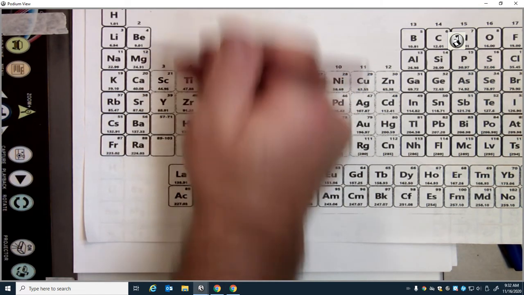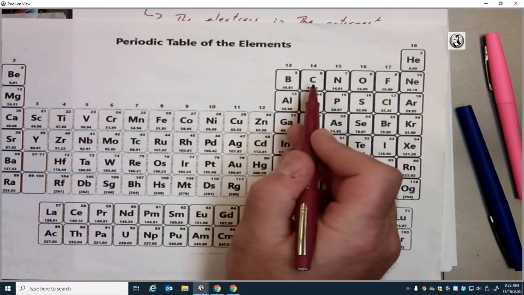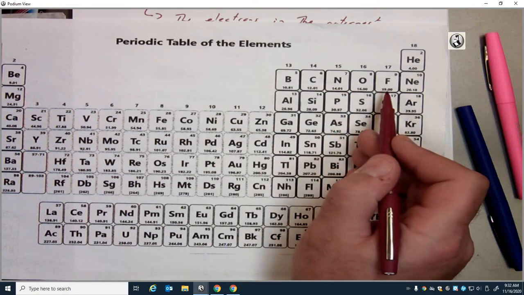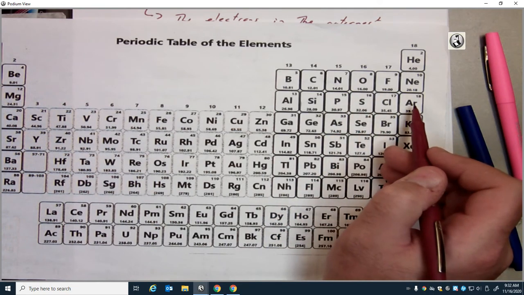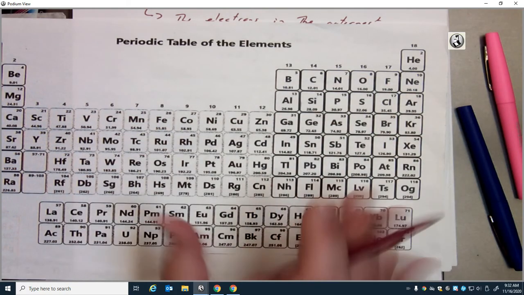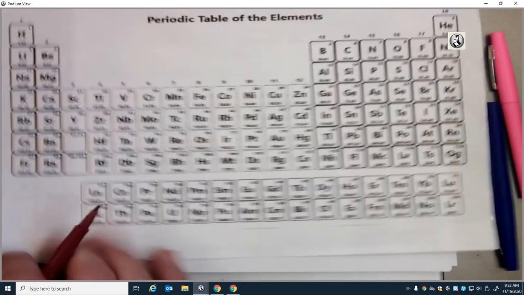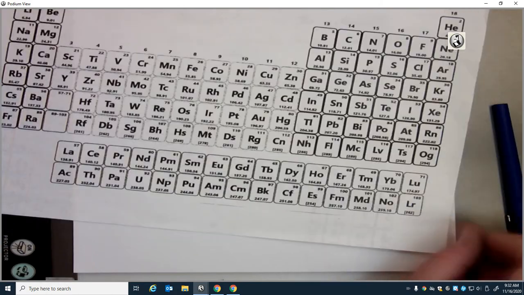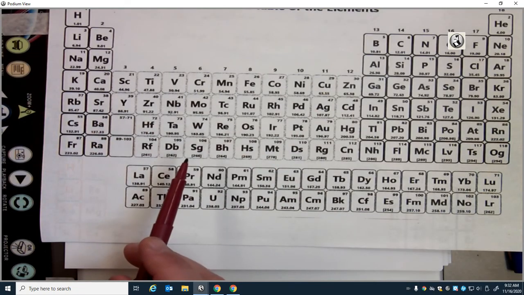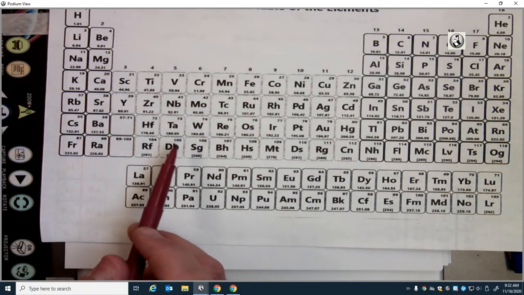Group 2, these guys are all going to have 2 valence electrons. 13 will have 3, 14 will have 4, 15 will have 5, 16 will have 6, 17 will have 7, and 18 will have 8. So they're based on groups, and the number of valence electrons is what gives them those similar chemical characteristics.